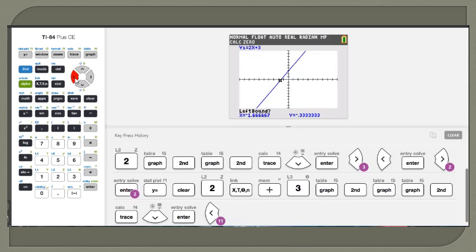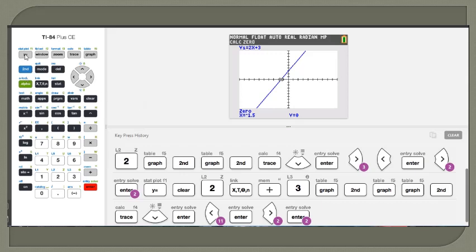I hit enter when it's asking me the question left bound. And then I'm going to move it just to the right, and hit enter for right bound. And then it says take a guess. Yeah, let's take a guess. All right, so when y is equal to 0, x is equal to -1.5.